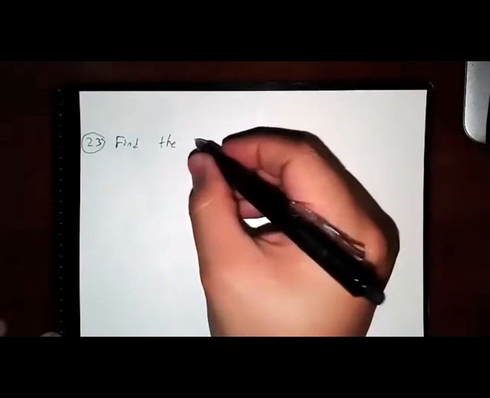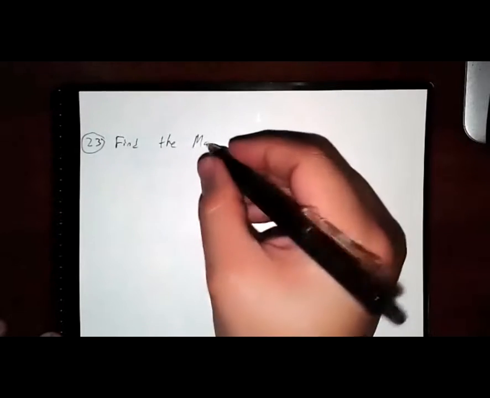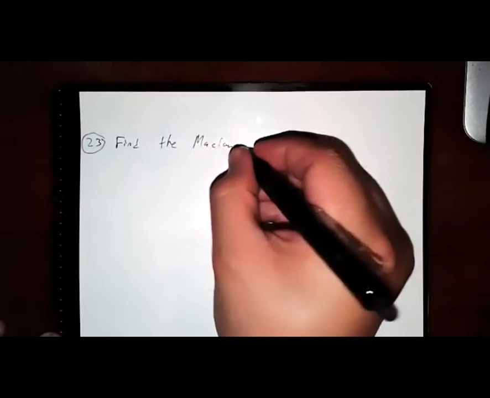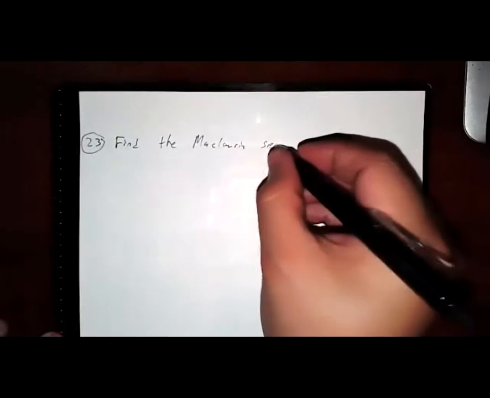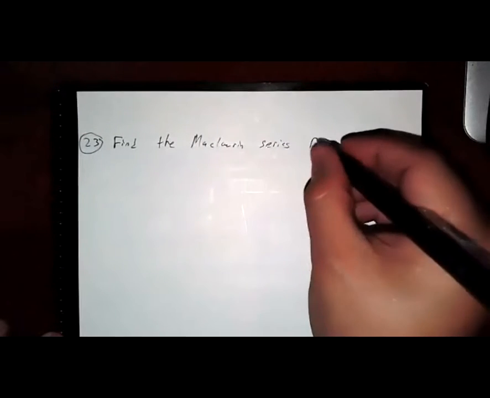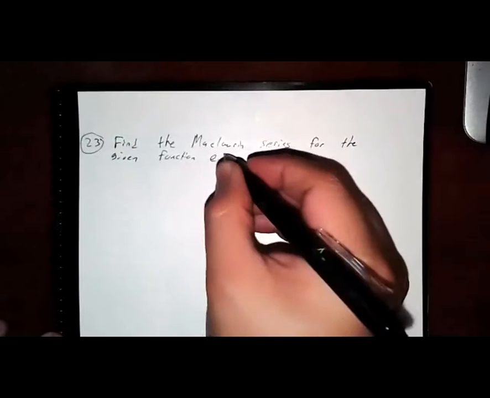Find the Maclaurin series for the given function, e to the negative 6x.